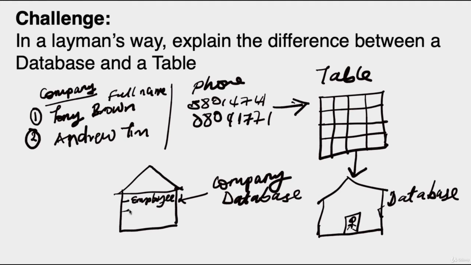We can have information about the customers in another table. Information about sales. See, we can have much information stored in the form of this table, which will be kept here. Okay? That is the difference.